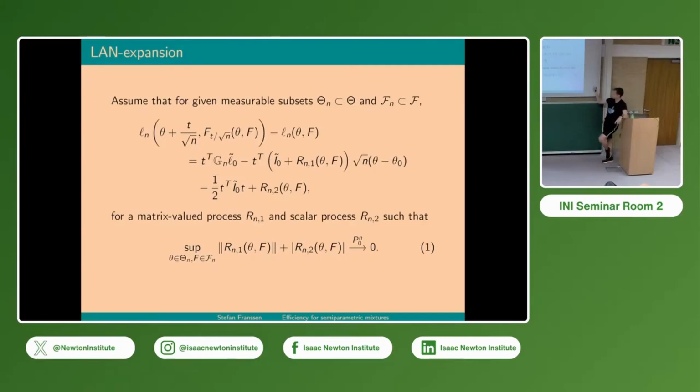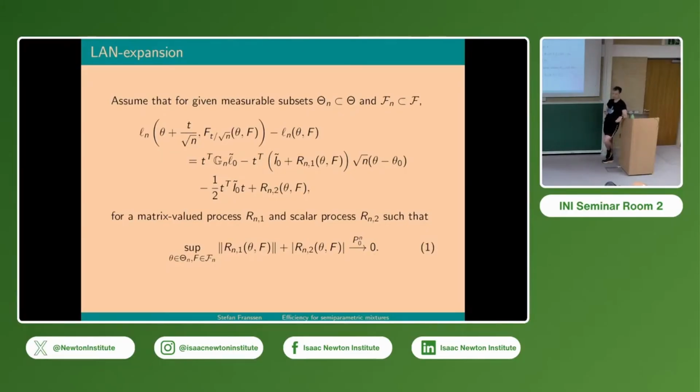So we take a perturbation of the likelihood, and for the submodel, we subtract the likelihood which is not perturbed, and then this has to satisfy this kind of Taylor expansion uniformly. This is sort of easy. This is what you prove for maximum likelihood estimation all the time.